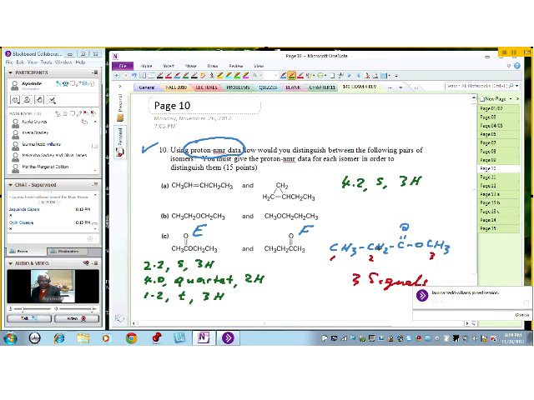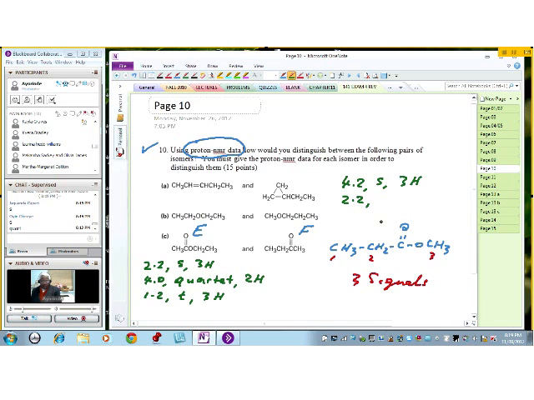Then we take a look at the CH2 here, next to carbonyl. I will give that about 2.2 or so, somewhere in that range. And what will be the multiplicity of these hydrogens here? Quartet, very good.